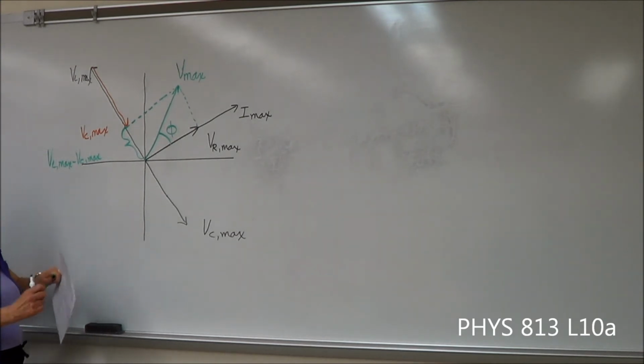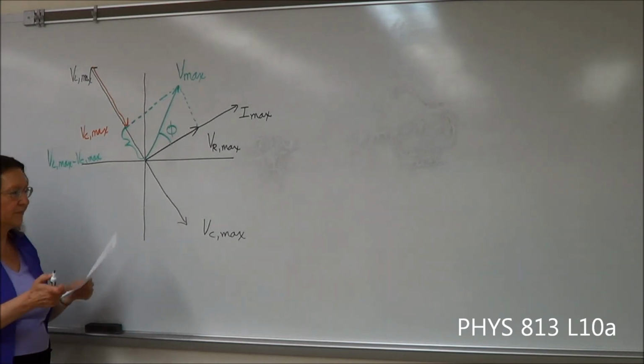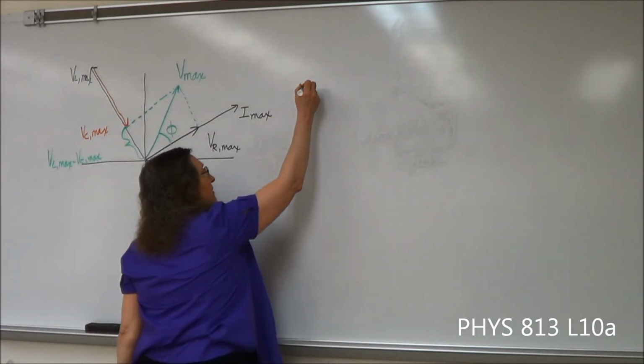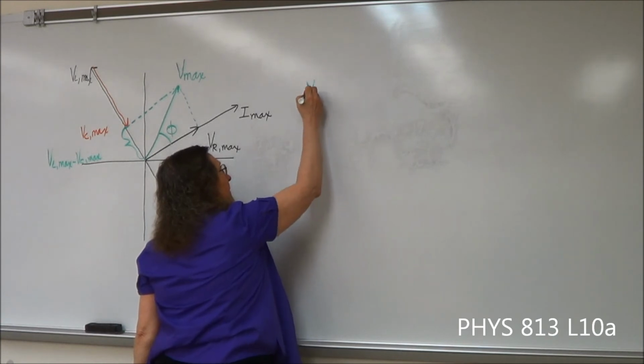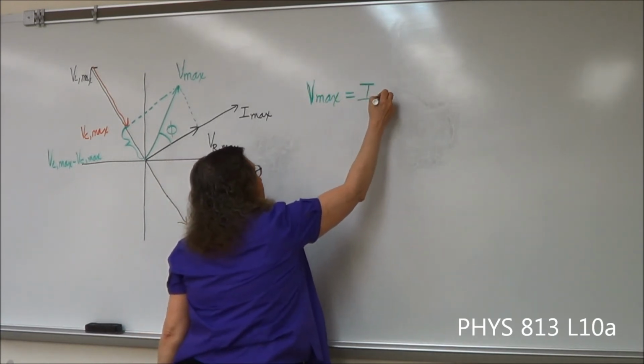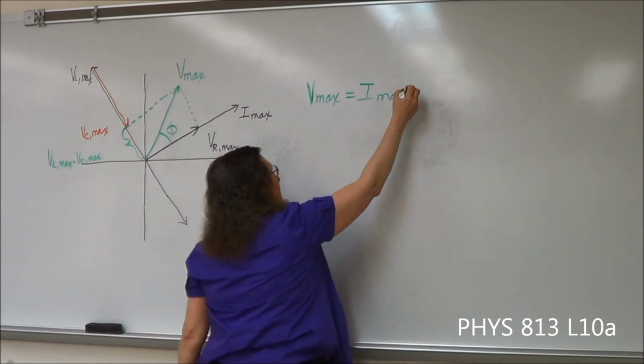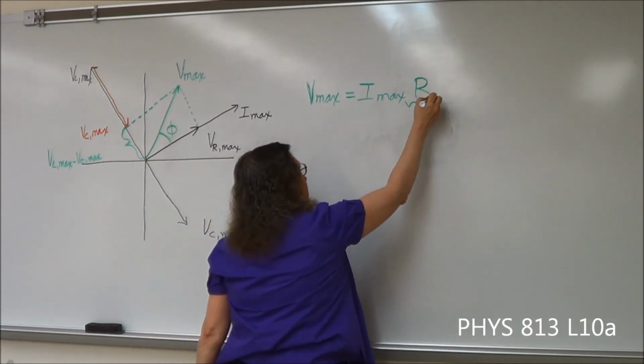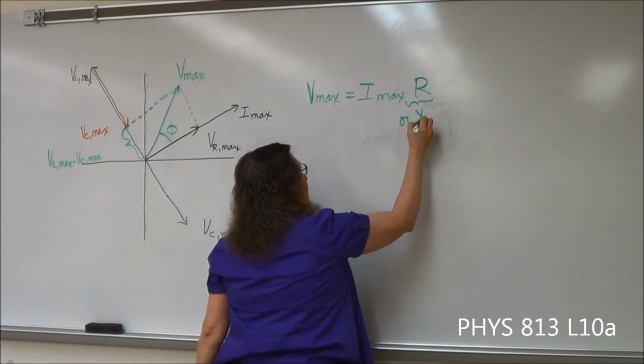The other thing that you'll want to do is to write Vmax. Vmax is Imax times either resistance or a reactance.